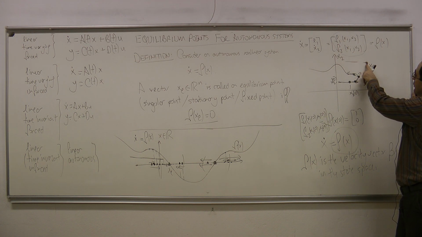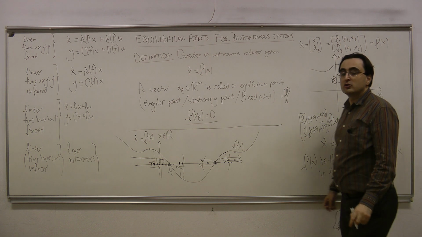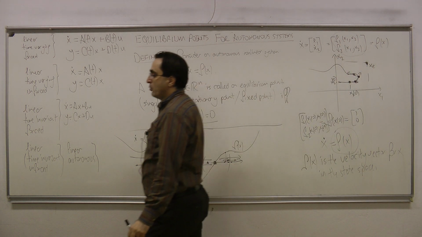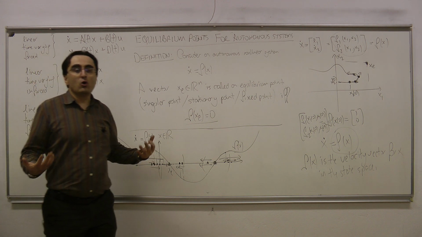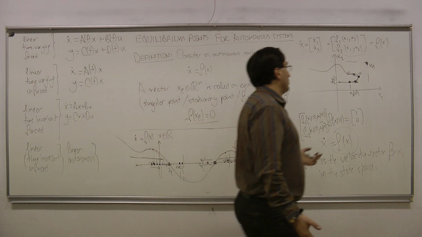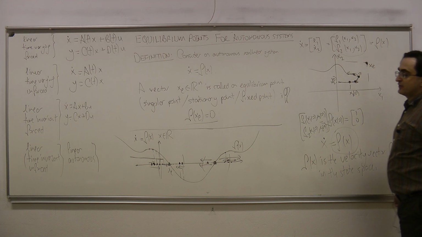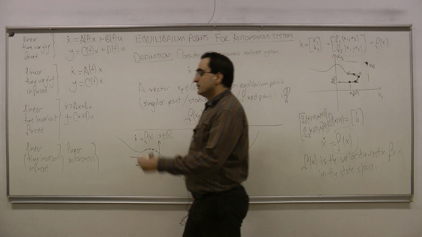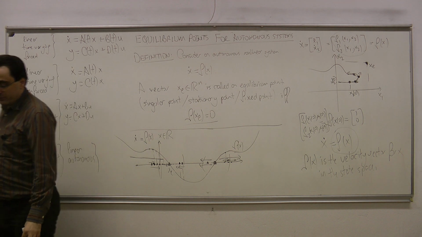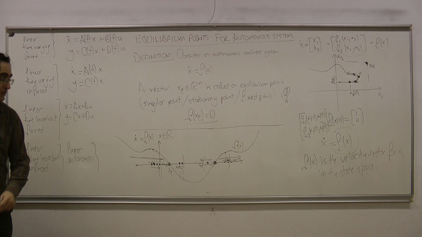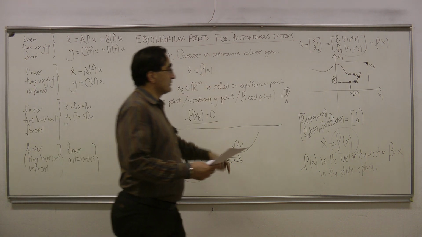That means that the velocity of x is going to be 0 at that point. So there will be no motion from that point on anymore. If I start the system at xe in the state space, the trajectory of the system will remain at that point from that time on.